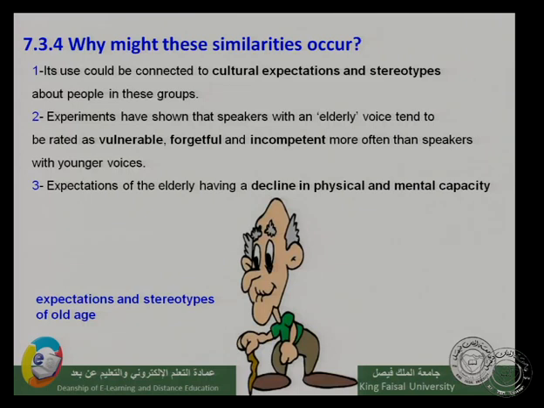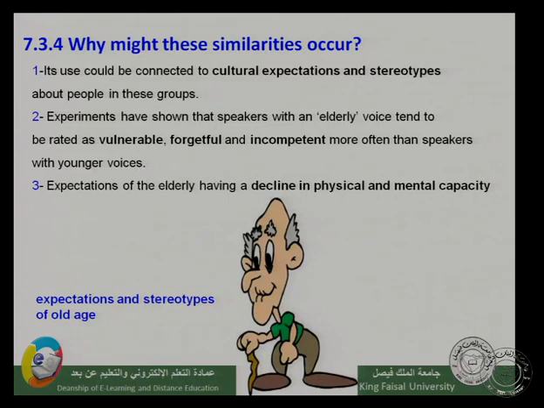So what does that mean? That this is connected with our cultural expectation of young children and of old people, and we stereotype them as being unable to process language. So we use this specific style of language so that they understand whatever we say to them, which again reflects our willingness to help and to accommodate our language to their need.